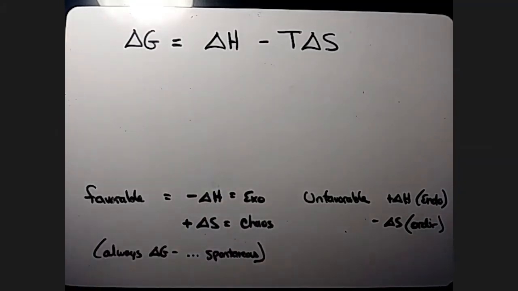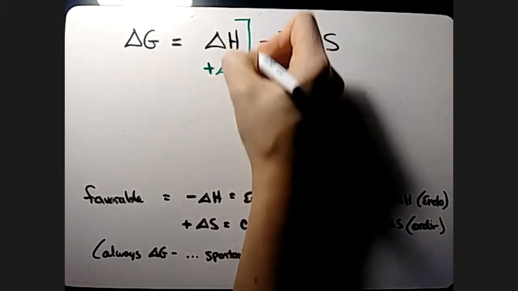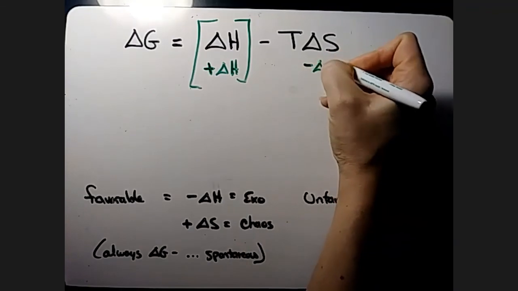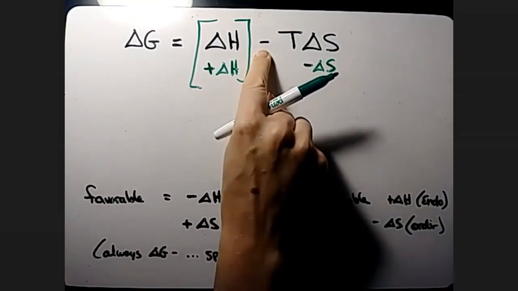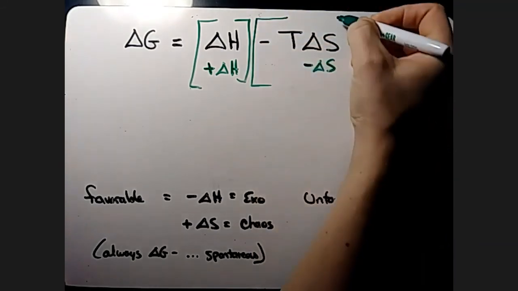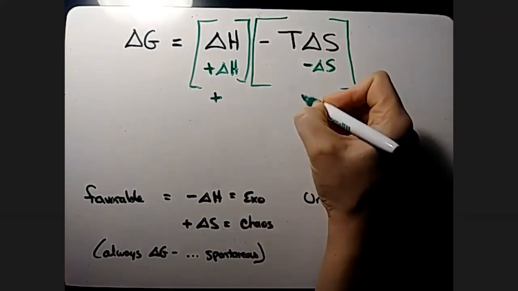So let's see what those values would look like if we plug those into my equation at the top. Okay, so if I plug in a positive delta H value, and if I plug in a negative delta S value, a negative times a negative turns this whole term positive. So this is a positive and this is a positive.